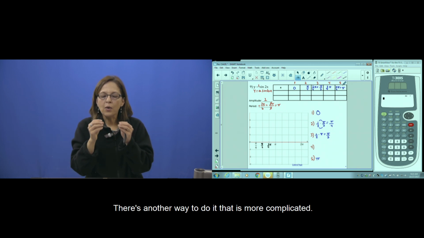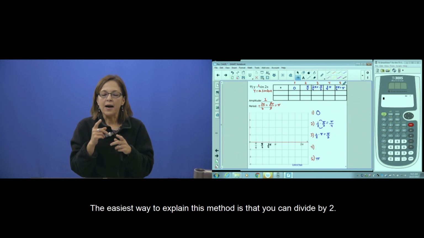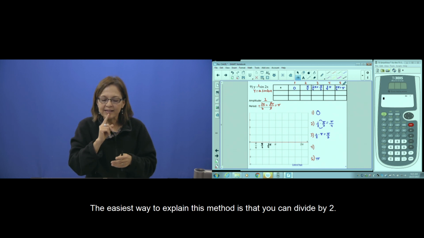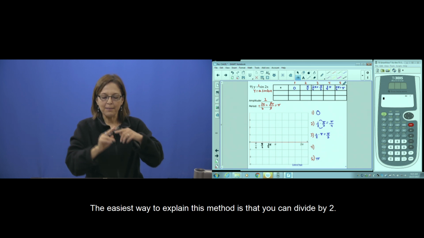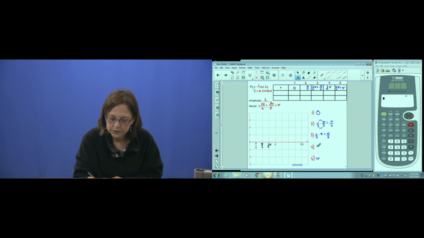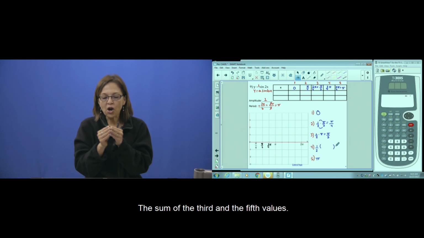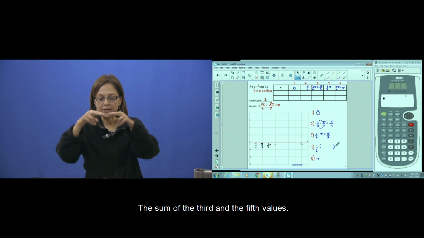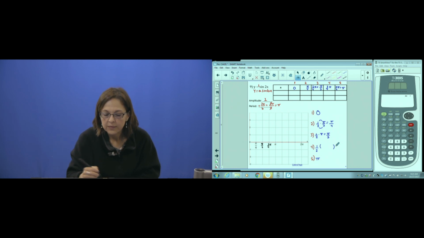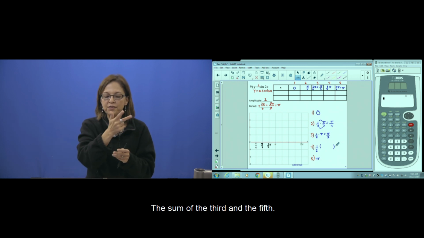Another way, more complicated, the way the book explains, is you can divide by 2 the sum of the third and the fifth values.